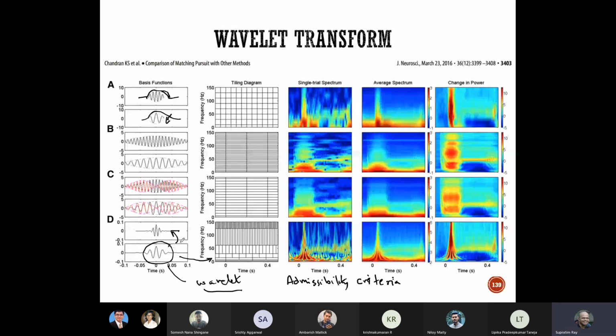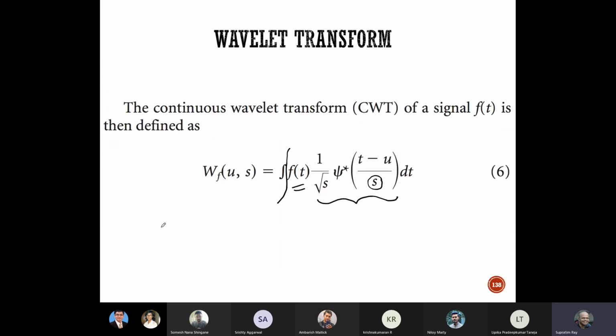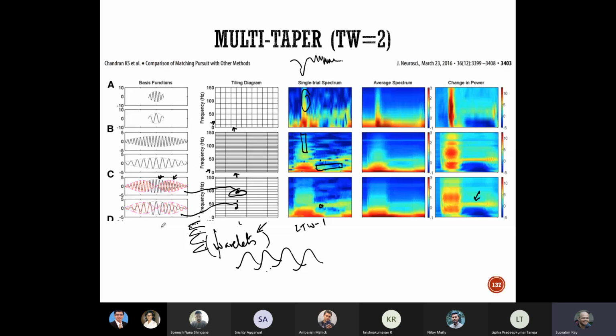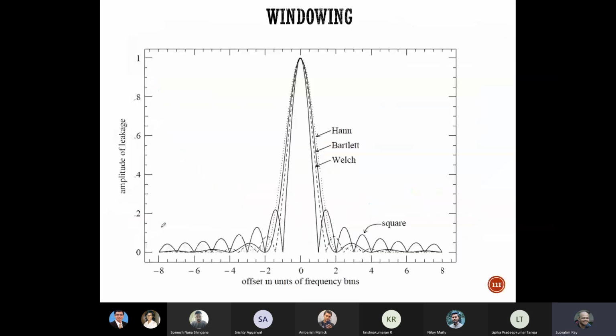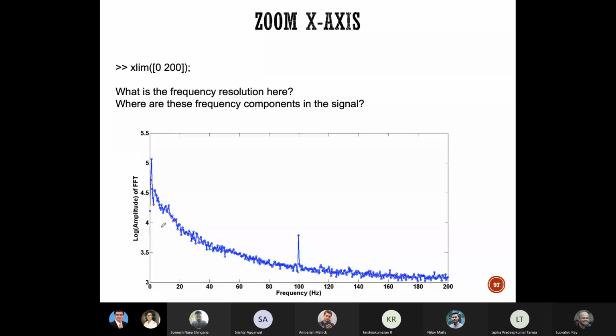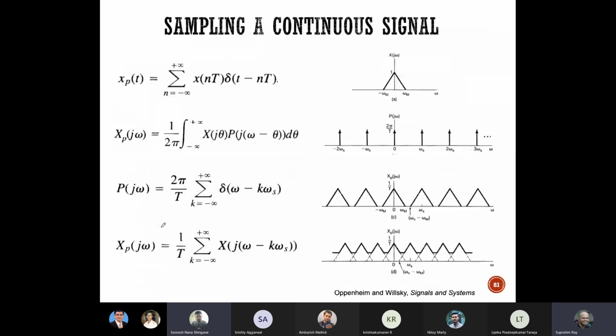What do you think squishing a function in time domain does to its representation in frequency domain? This is a property that we had seen a long time ago. I guess you guys have forgotten it. Let me just go back to when we were discussing Fourier transform and looking at the properties.